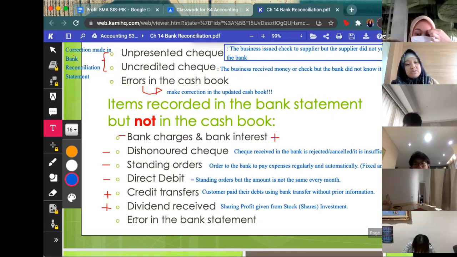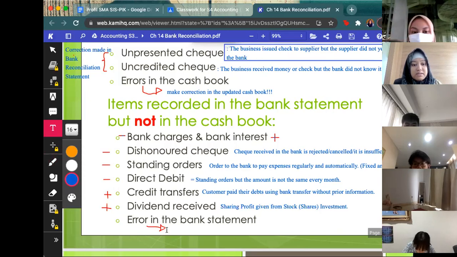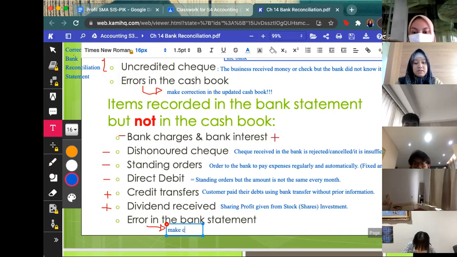Next one is error in the bank statement. Of course, if the bank made an error, the cash book will not know it. Now, if an error made in the bank statement happens, you must make a correction in the bank reconciliation statement.